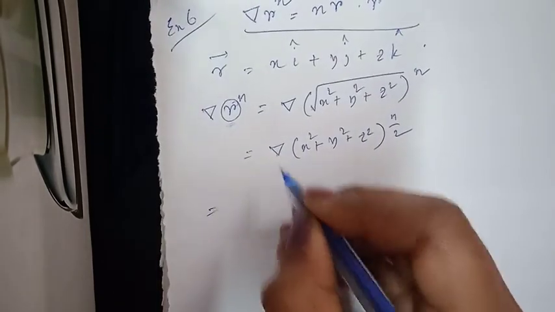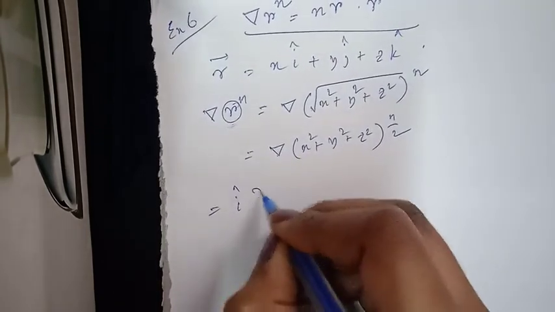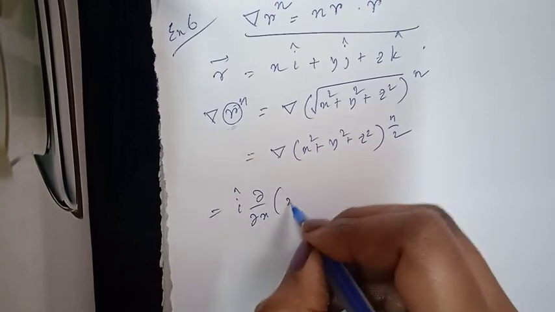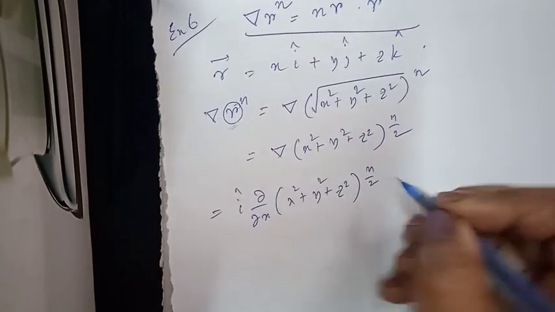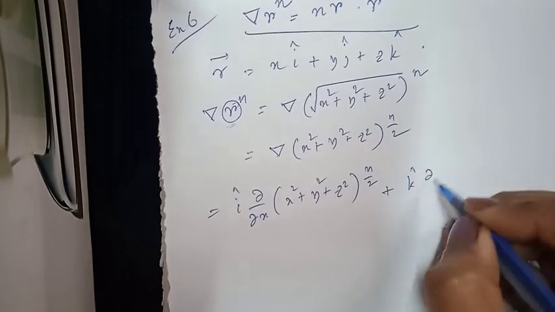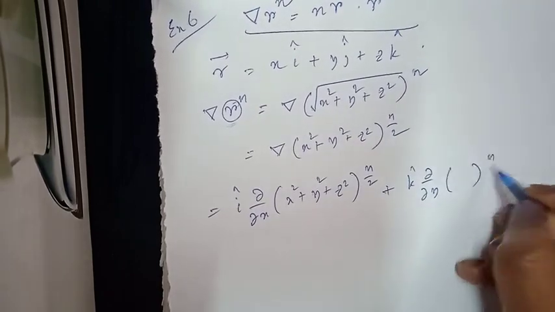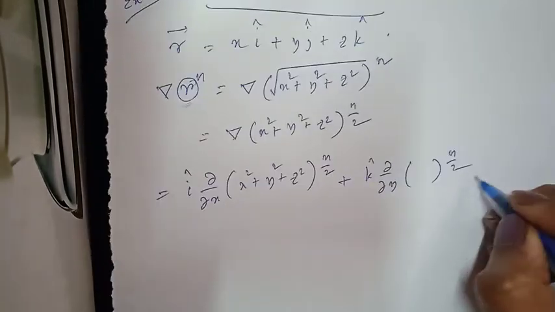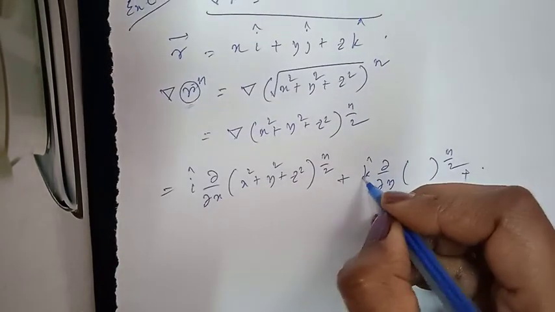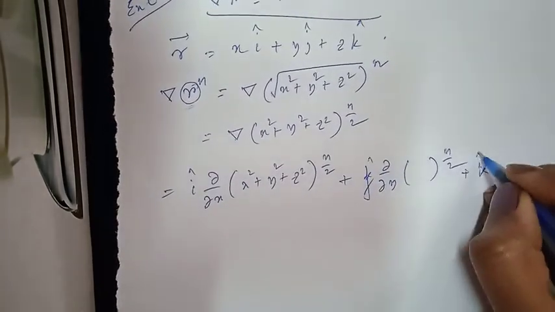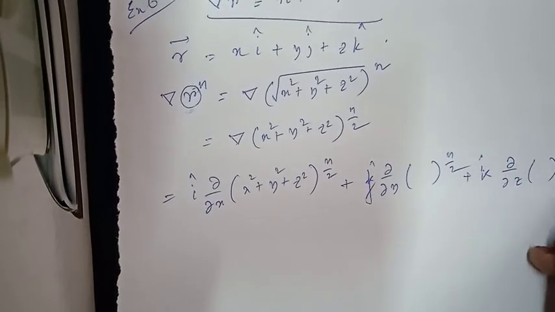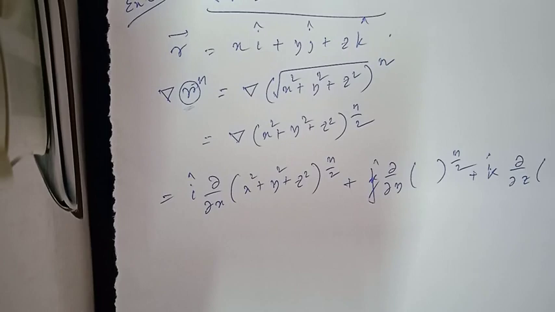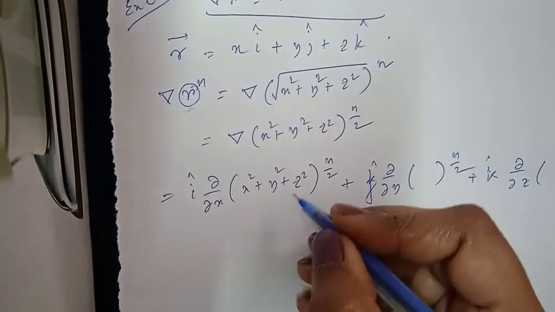That means if you put the value of grad, we will get i cap del x of this whole quantity, x square plus y square plus z square, whole to the power n by 2, plus j cap del y of this whole thing to the power n by 2, similarly plus k cap del z of whole to the power n by 2. Okay, so let's calculate the first one.